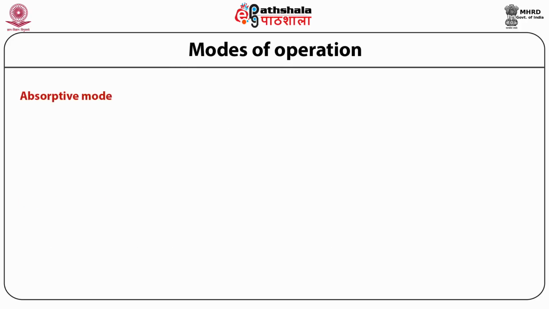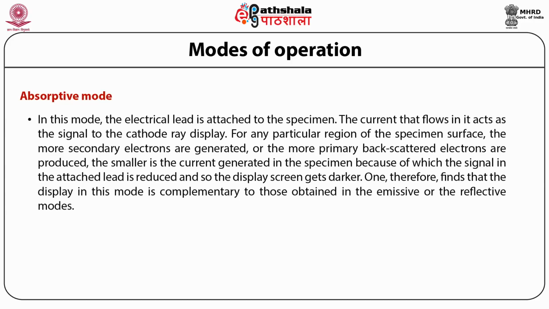Absorptive mode. In this mode, the electrical lead is attached to the specimen. The current that flows in it acts as the signal to the cathode ray display. For any particular region of the specimen surface, the more secondary electrons are generated, or the more primary backscattered electrons are produced, the smaller is the current generated in the specimen, because of which the signal in the attached lead is reduced, and so the display screen gets darker.